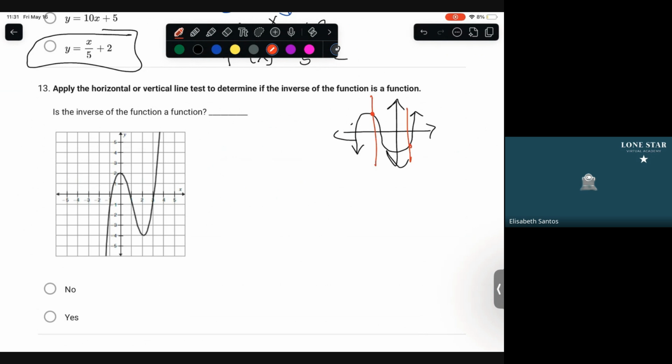And it should only hit the graph once anywhere you would draw that vertical line. Okay, right, vertical line test.